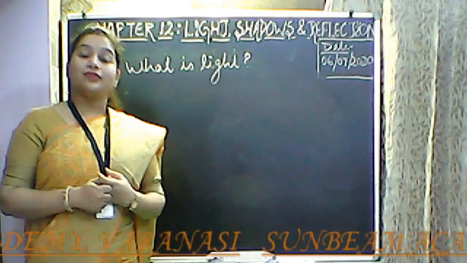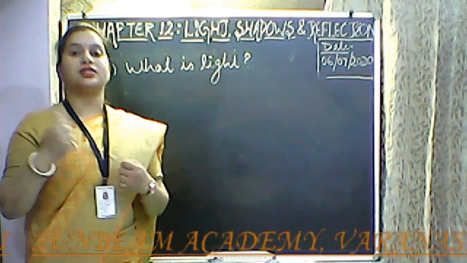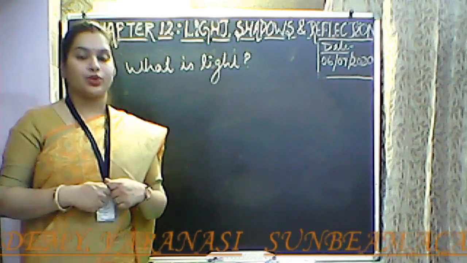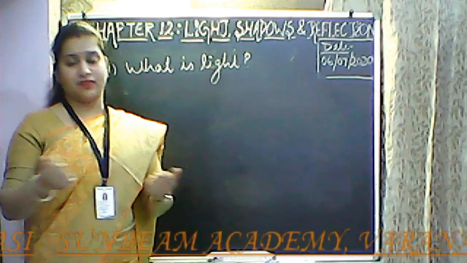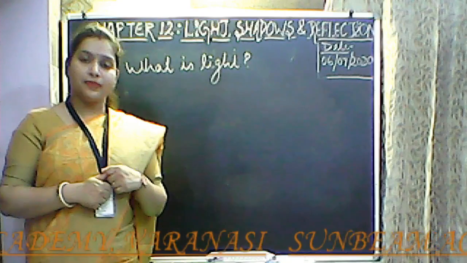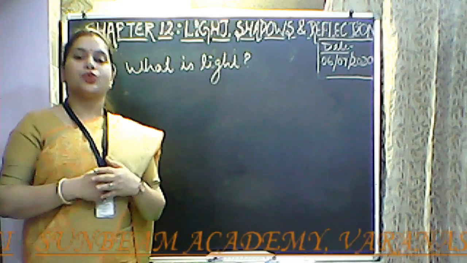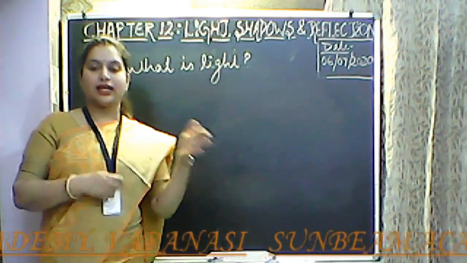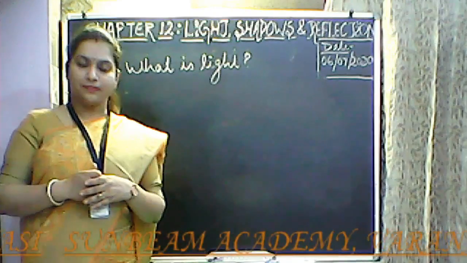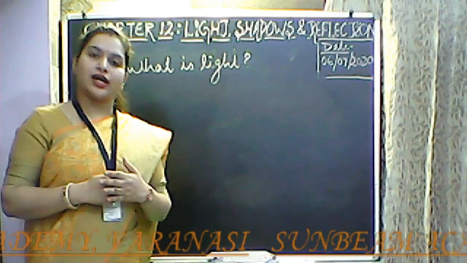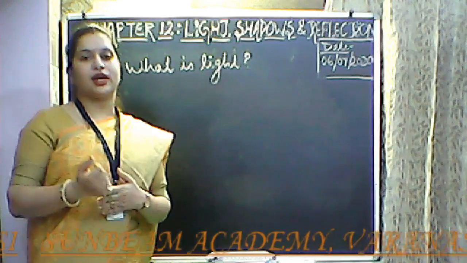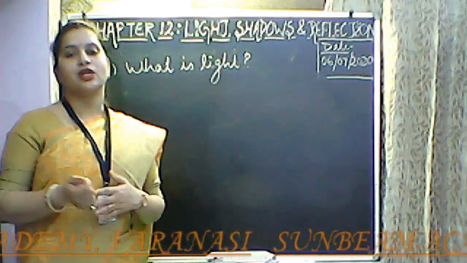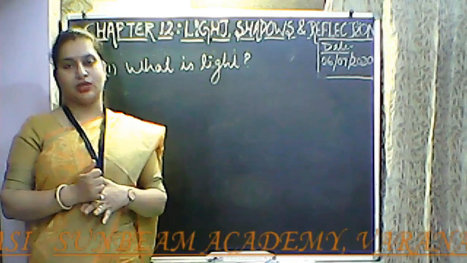Then we have studied how fast light travels, that it travels very fast. And we have studied the distance between sun and earth. And what are the sources of light, what is natural source of light, what is artificial source of light, what is luminous and what is non-luminous.